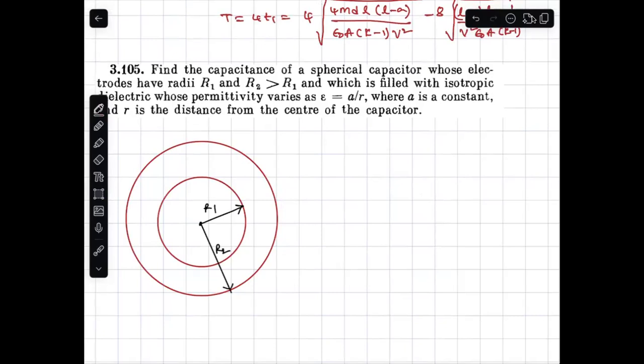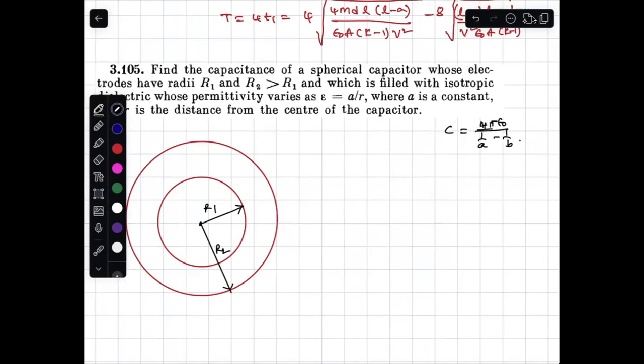See, try to understand, if suppose there is nothing, my general formula is C is equal to 4 pi epsilon naught by 1 by a minus 1 by b. Do you remember this last week's topic?